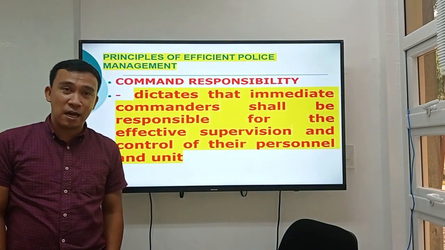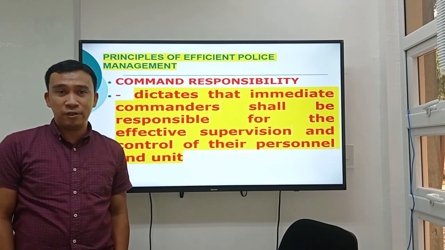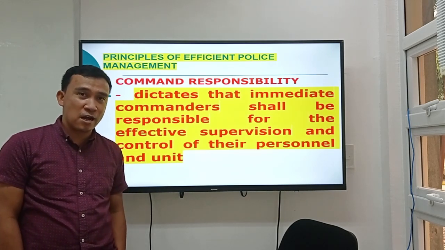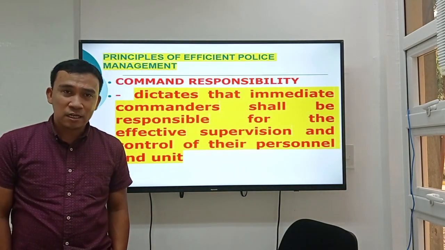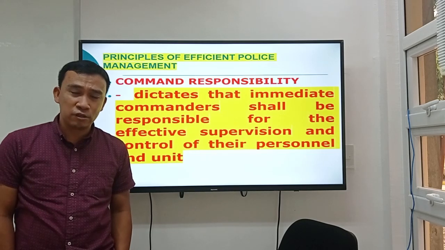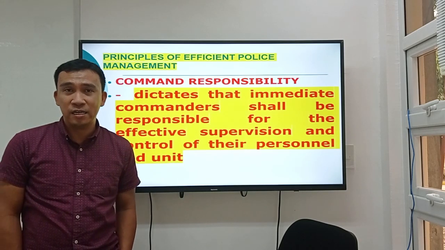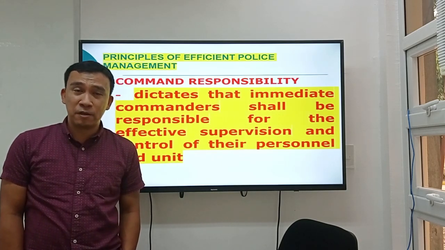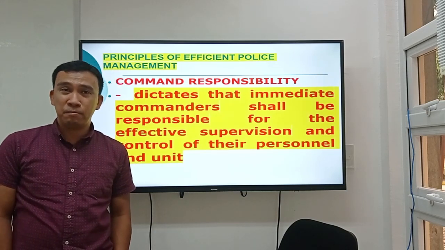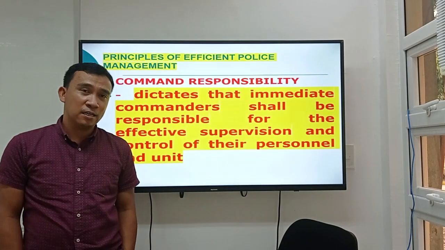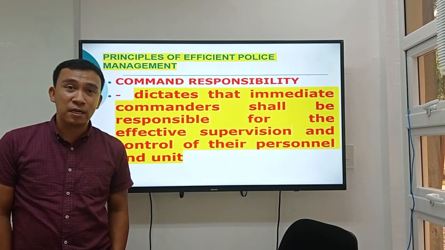Kung inyong matatandaan yung kaso ni Captain Mendoza, yung hostage ng mga Chinese national sa Hong Kong national, doon sa Quirino Grandstand. At siya ay naalis sa pwesto not because meron siyang ginawang violation, but siya ay natanggal dahil sa kalokohan na ginawa ng kanyang mga subordinates.